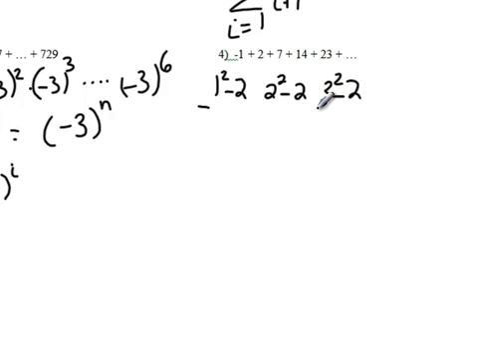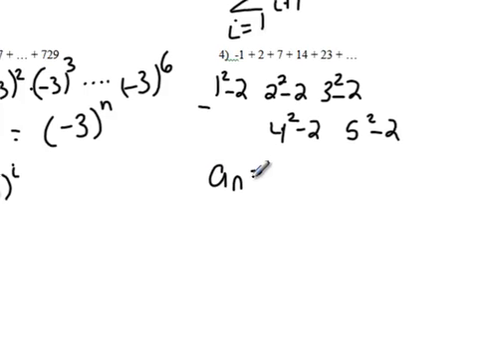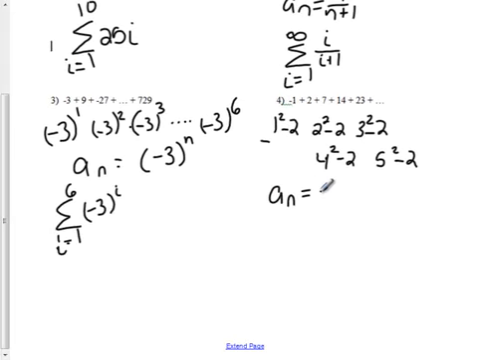Then I took 4, squared it, and subtracted 2. And then I took 5, squared it, and subtracted 2. Alright, so what is our rule? Our rule is a to the n. The first number is changing, so make that our n. We are squaring it and then subtracting 2. Do not forget to subtract the 2.